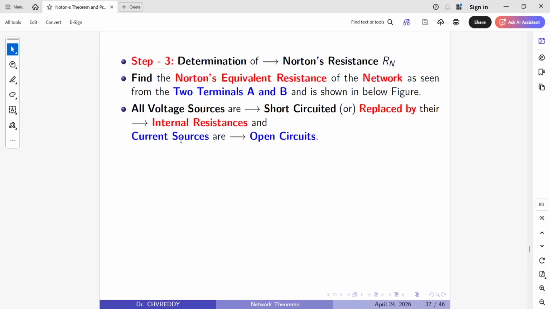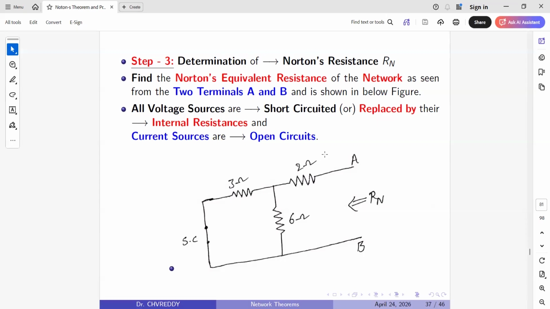If any current sources are there, we can make them an open circuit. Based on these statements, now I draw the circuit. In the given network, there is only one voltage source. As per this statement, I make that voltage source a short circuit.